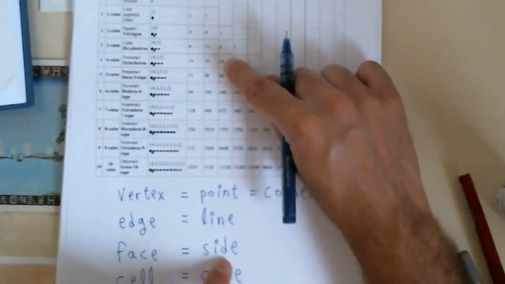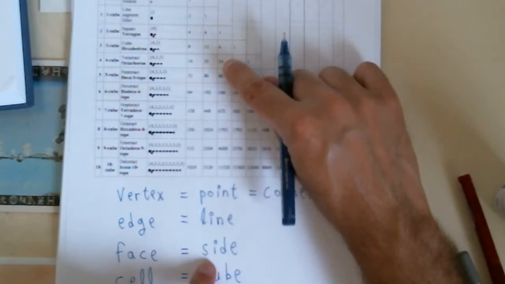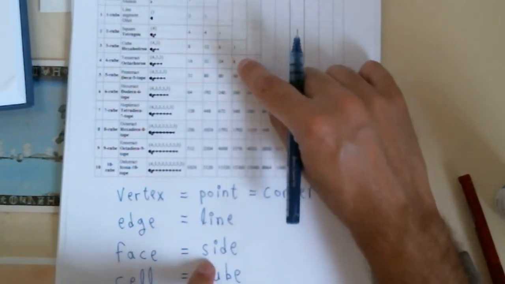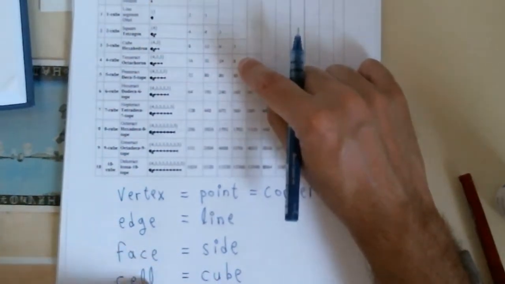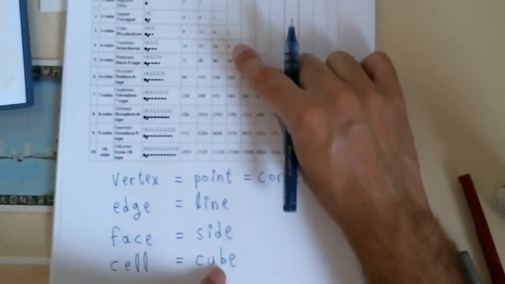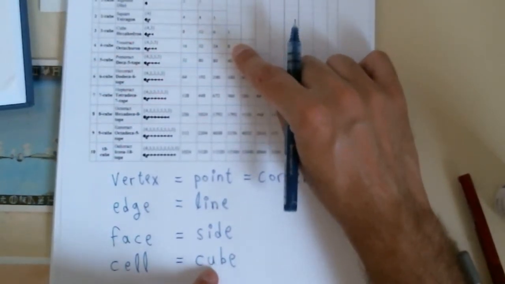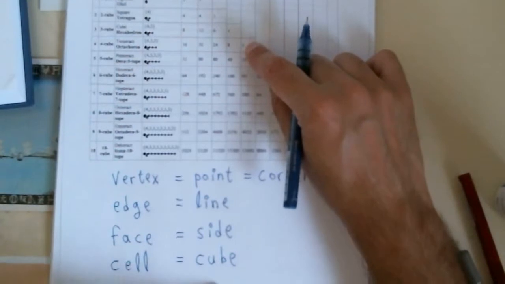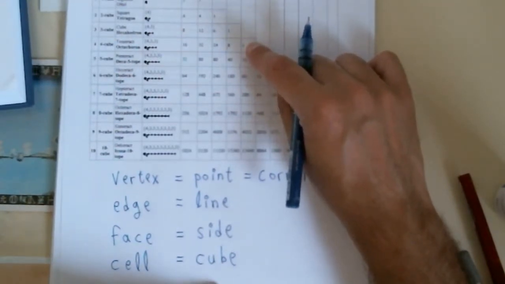Like the dice has 6 faces, this one has 24 flat sides, and 8 cells or 8 cubes, and one hypercube, which they call the 4-face.